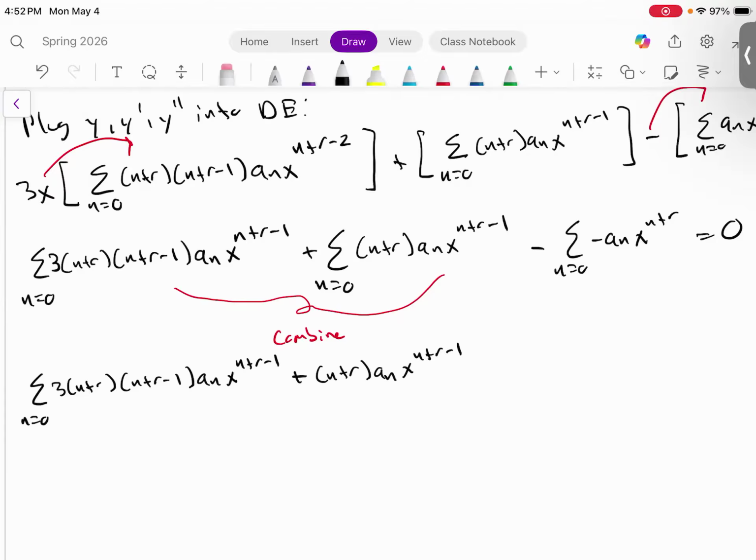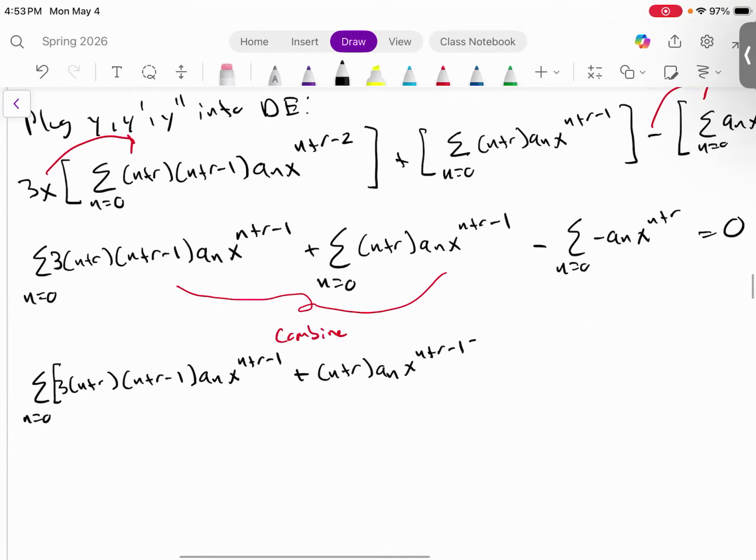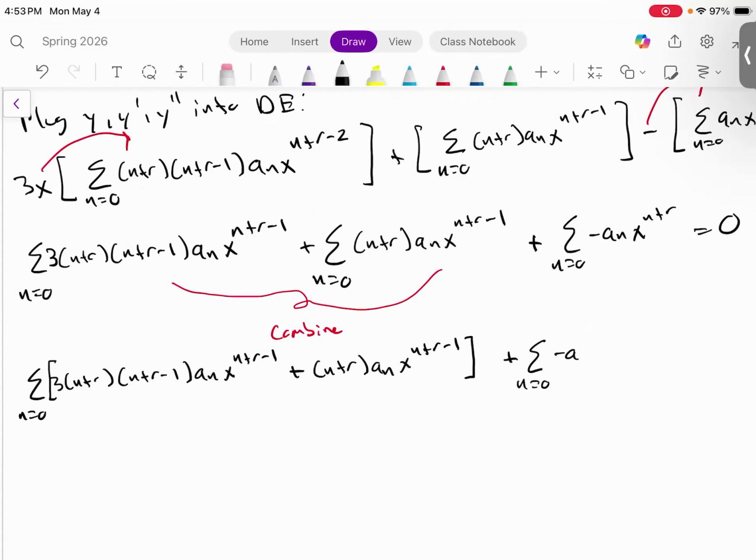So that's all one power series. I'm going to put some brackets around it just to show that that's one power series. All right, plus the power series n equals 0. I distributed a negative. Negative a sub n, x to the n plus r, and this all equals 0.